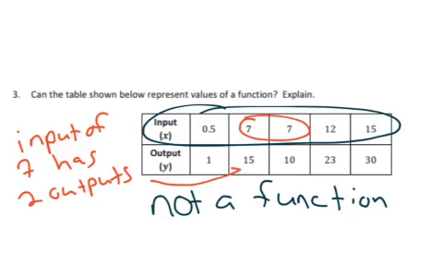It has an output of 15 and an output of 10. That can never happen. The reason why it can't happen is because it's not a good predictor of what's happening at 7. At 7, would it be going to 15 or to 10? I don't know. That's why it's not a function, because of this 7 repeating more than once.